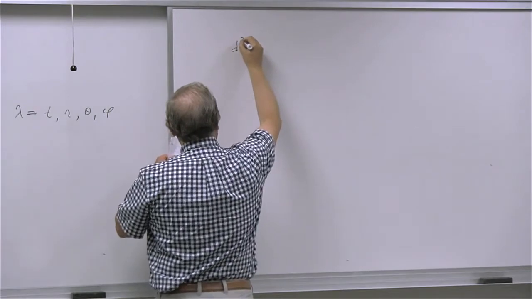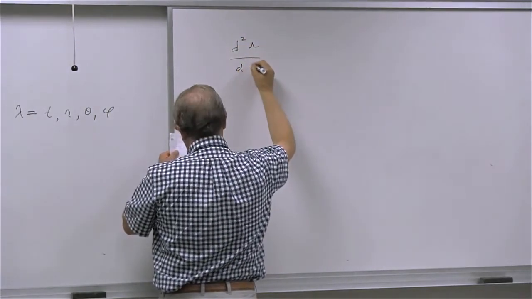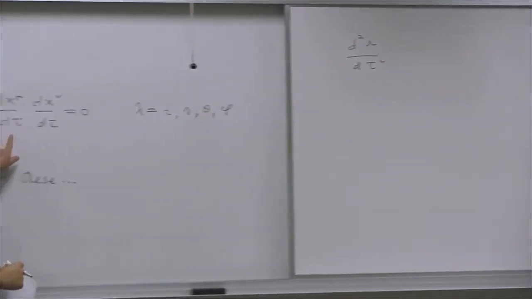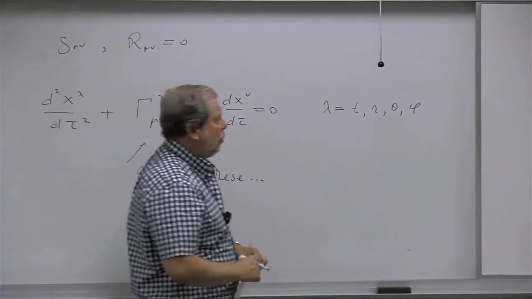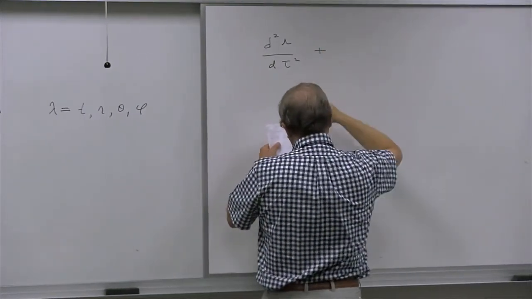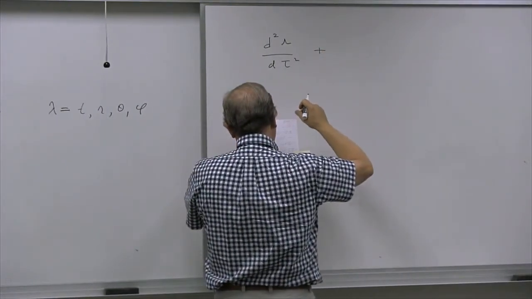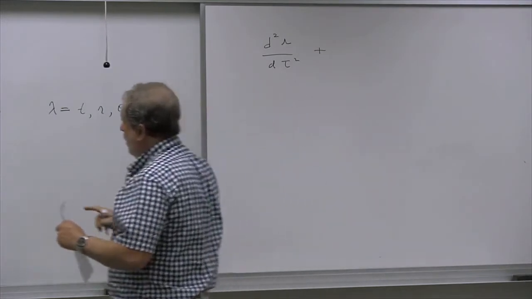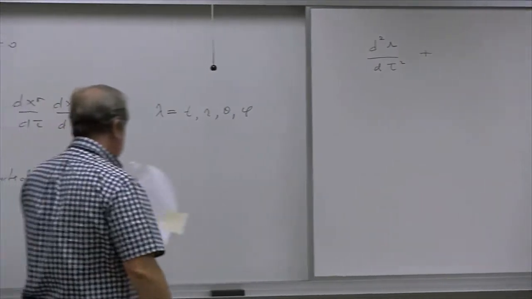So second derivative of r with respect to tau squared. You see that what appears here is always the proper time. And plus, now we have to look up all the coefficients of the affine connection that are non-zero and write those corresponding dx mu by d tau terms.